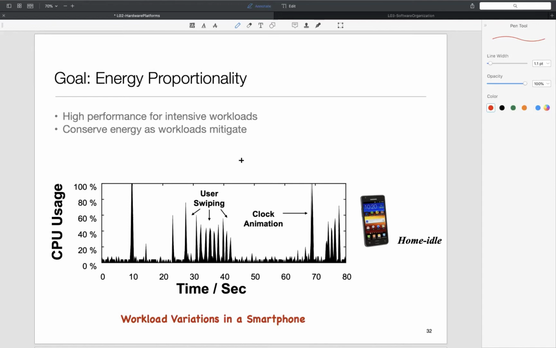What it basically says is that we would like our systems to consume energy proportional to the work they are doing. So if I ask the system to do less work, it should consume less energy in any given time window. If I'm asking the system to do more work, then it should consume more energy in a given time window. In particular, if I'm not asking the system to do anything, it should not consume anything. And it should basically scale with respect to that.